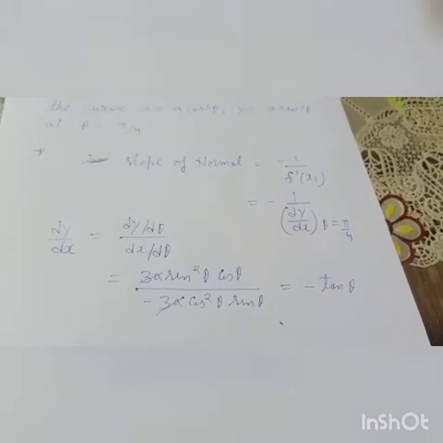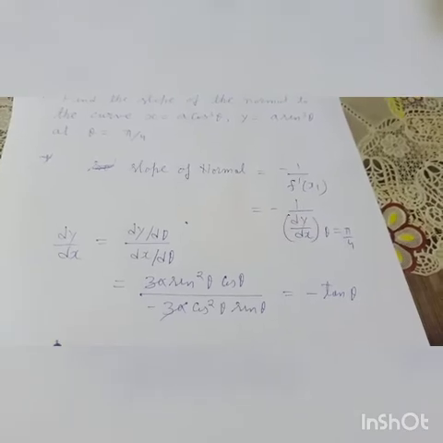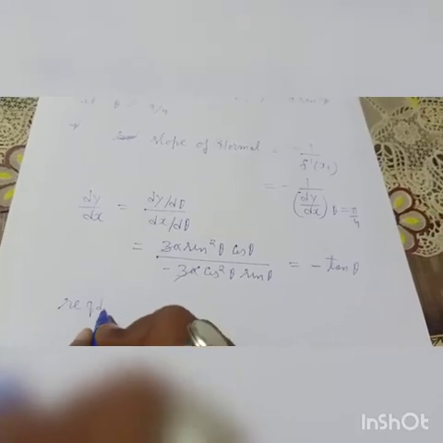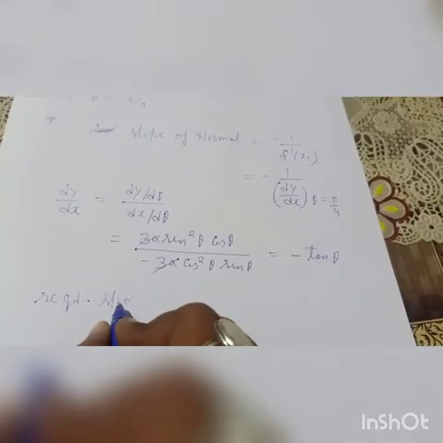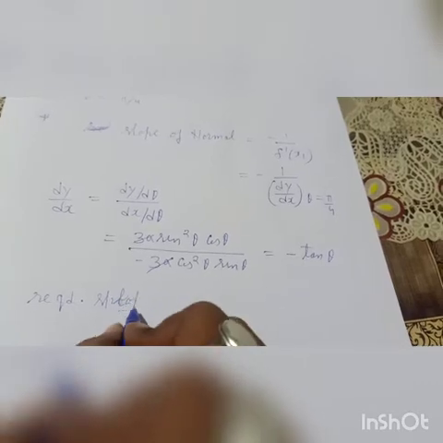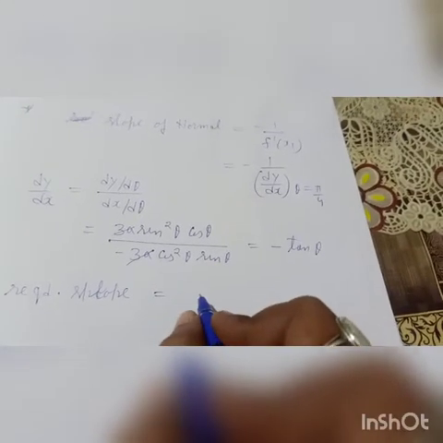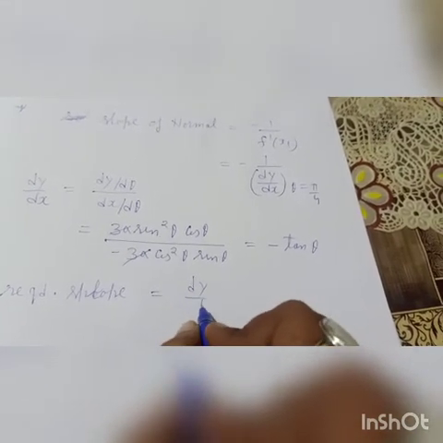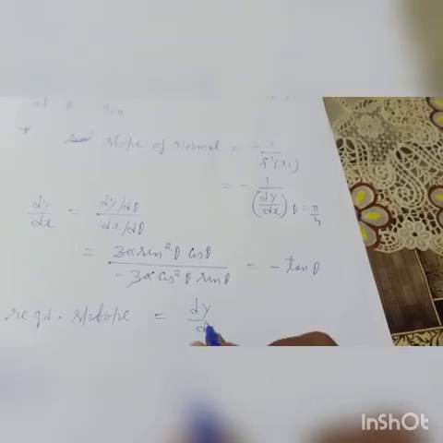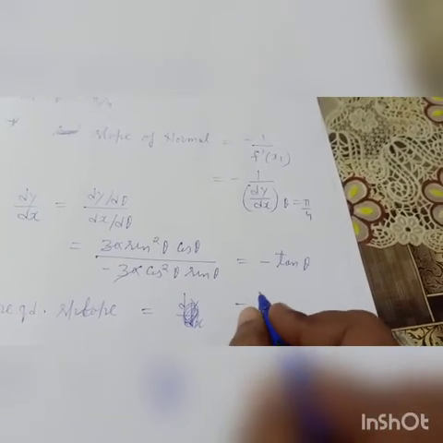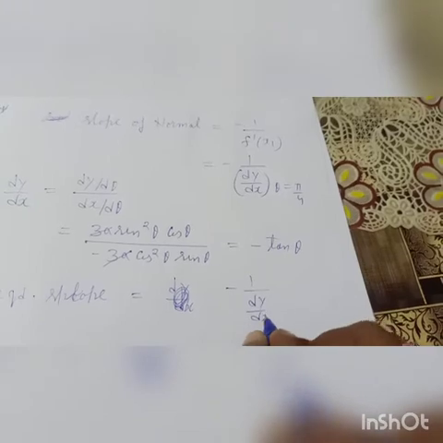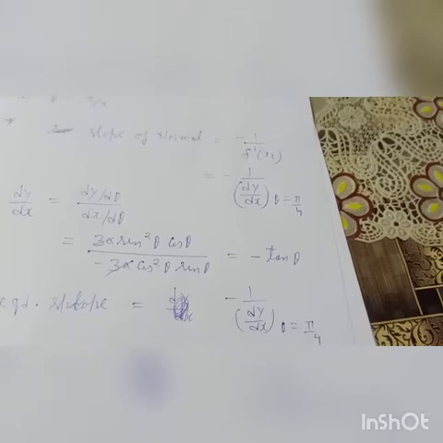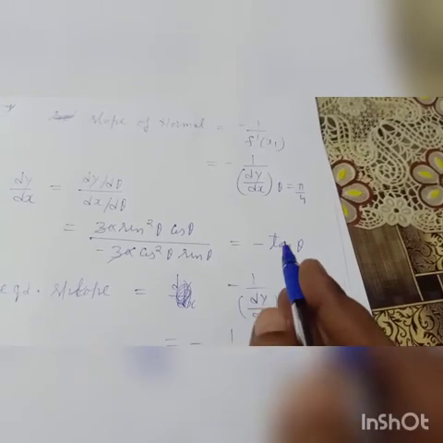Now the required slope, it is the slope of the normal, equals minus 1 by dy by dx at theta equal to pi by 4, that is minus 1 by the value of dy by dx, minus tan theta.